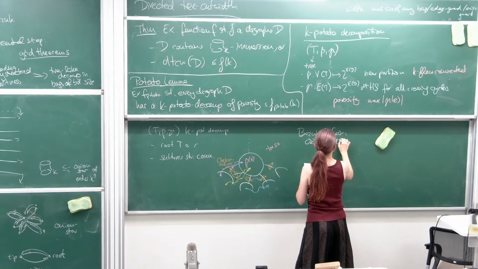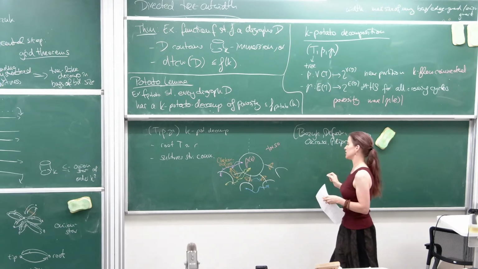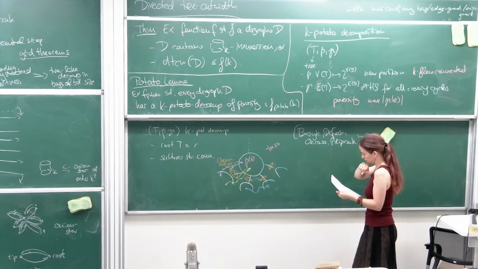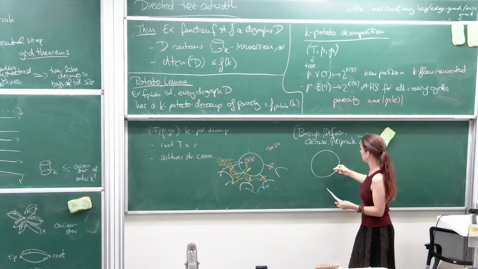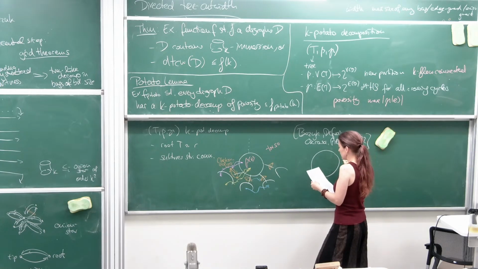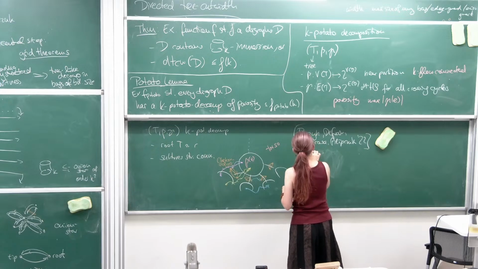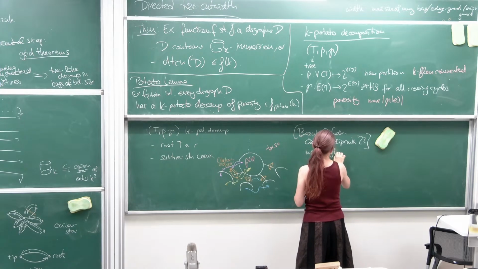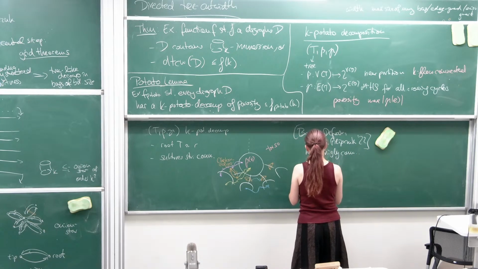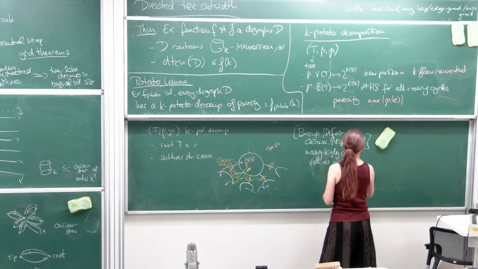That gives me, that was over here from 22, that says if I have a set of a lot of vertices that are highly connected to each other, then I find a large onion star.